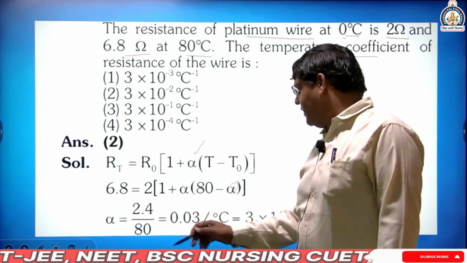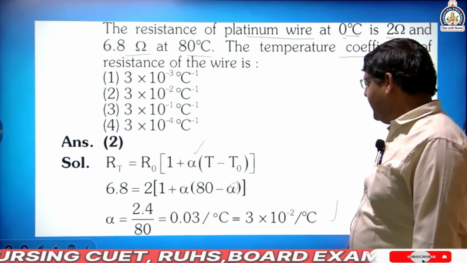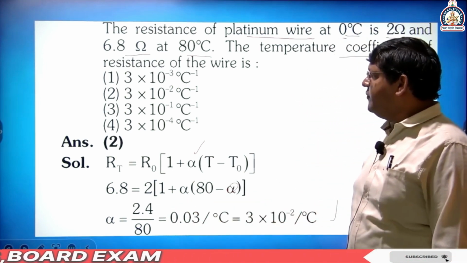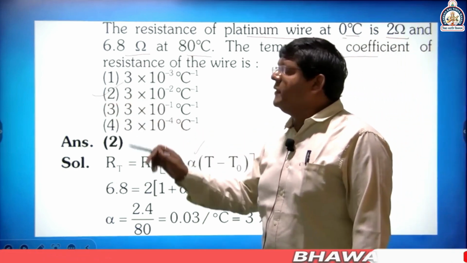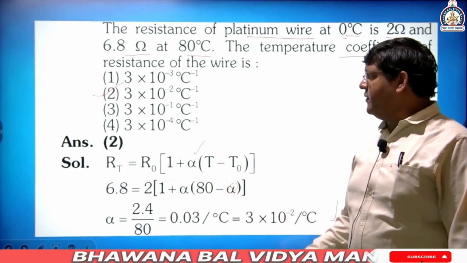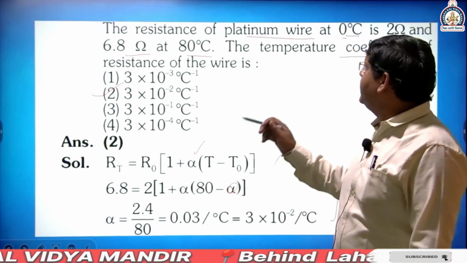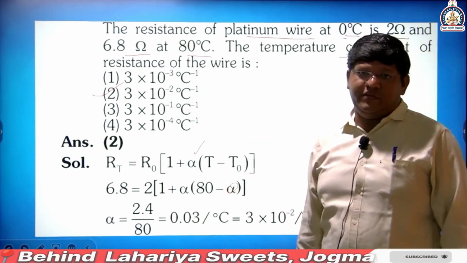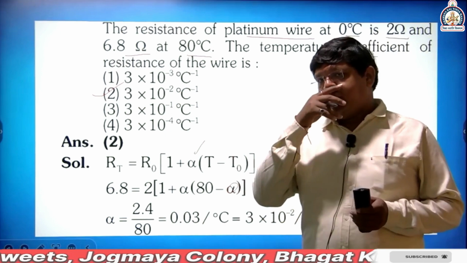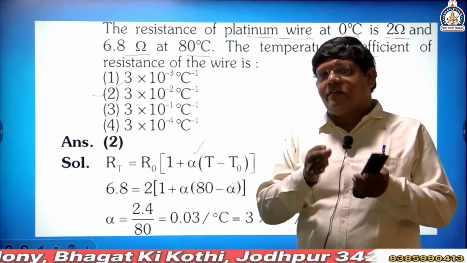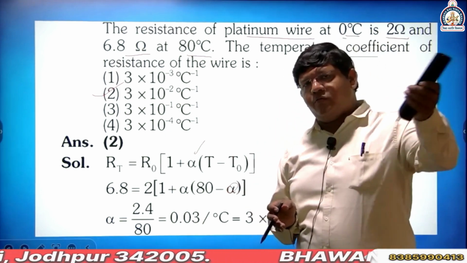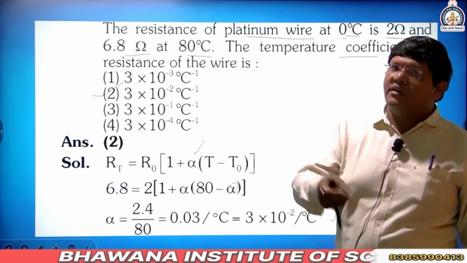On solving for alpha, we get 3 into 10 to the power minus 2 per degree centigrade. That is option number B. This is known as the temperature coefficient of resistivity, or simply the temperature coefficient. This formula is used when we are provided with the resistance at a particular temperature, and we have to find out the value of resistance at another temperature.